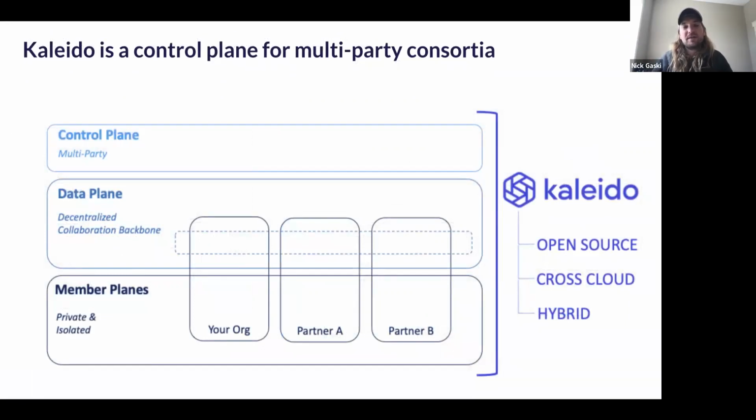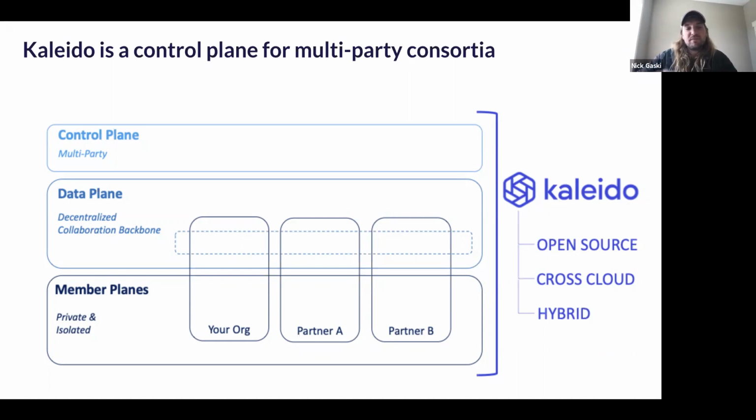And if we look at why this consortia as a service idea is so powerful, we see this logical isolation of different planes, right? At the top, we have this shared control plane where we can decentralize our network. We have clear line of sight into who the participating organizations are, who's onboarding to the network, and what all of the shared resources and runtimes are that exist in the network. Then we go a little lower and we start getting into the blockchain and off-chain transport rails, right?